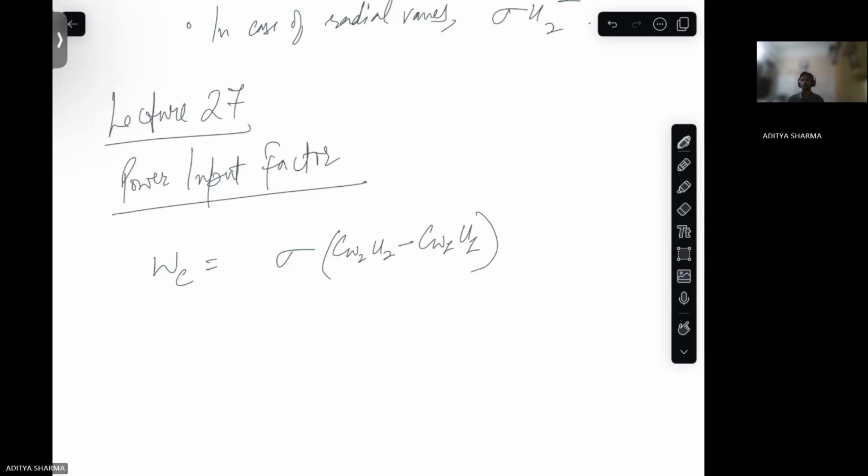But then because you will have windage losses or because of friction, you'll have losses.